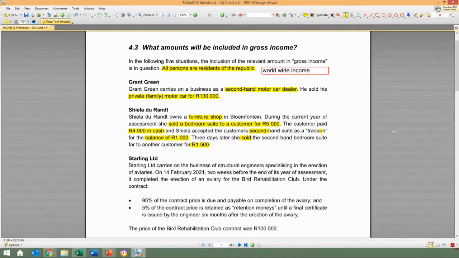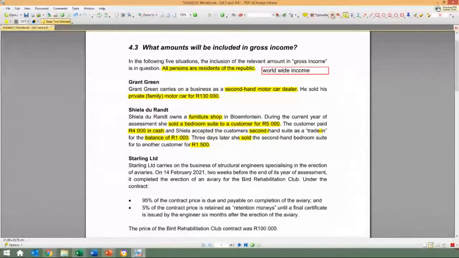You've got amount received or accrued by, and then you've got excluding amounts of a capital nature. Which of those four components do you think will be affected? Okay, so excluding amounts of capital nature. Okay, so not in this scenario.